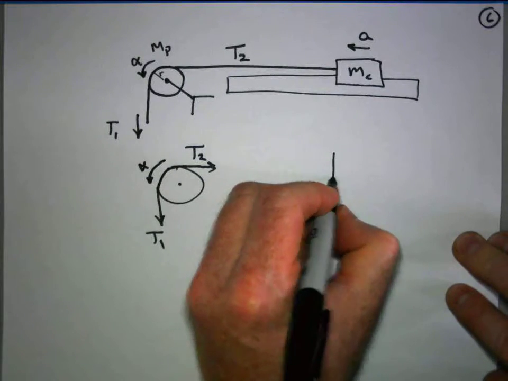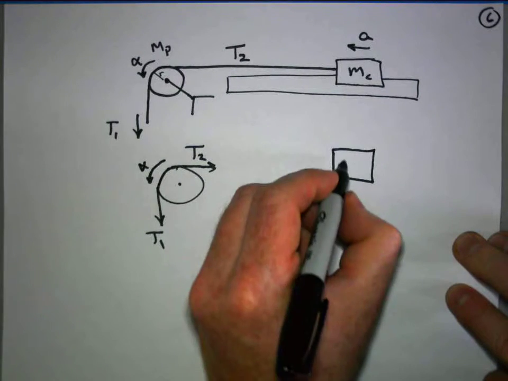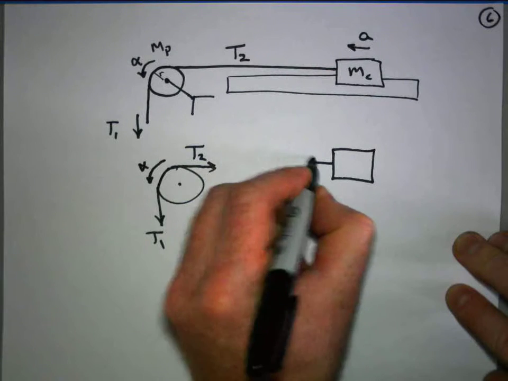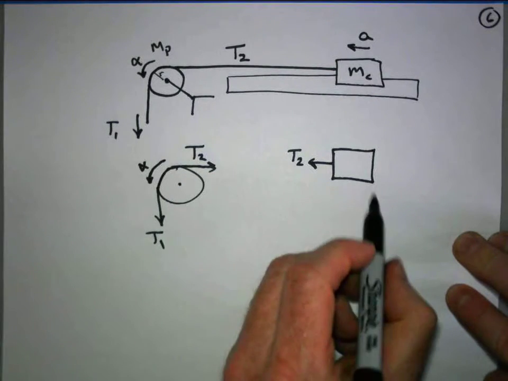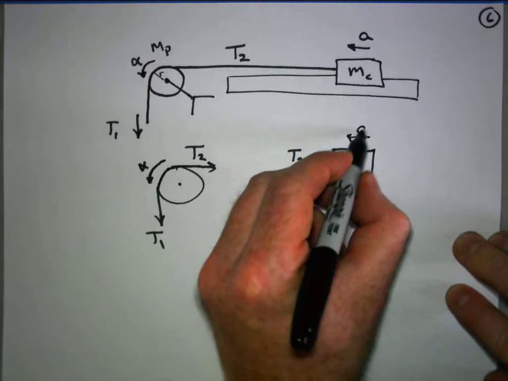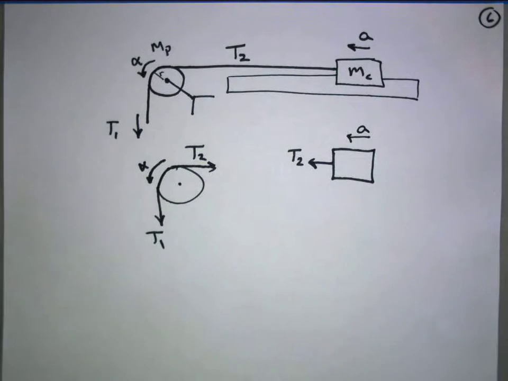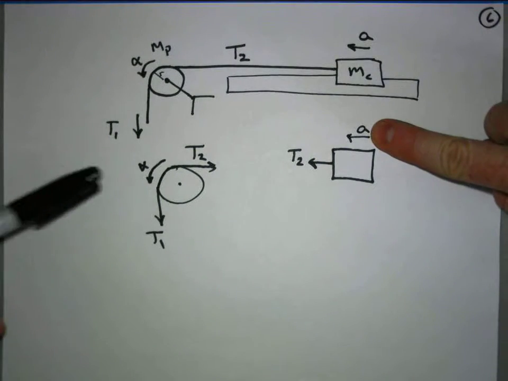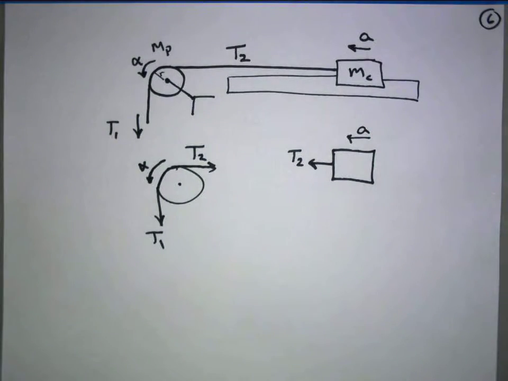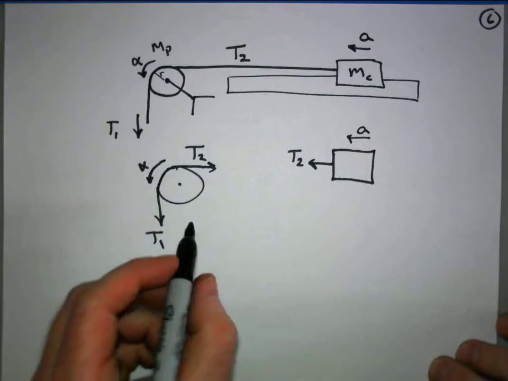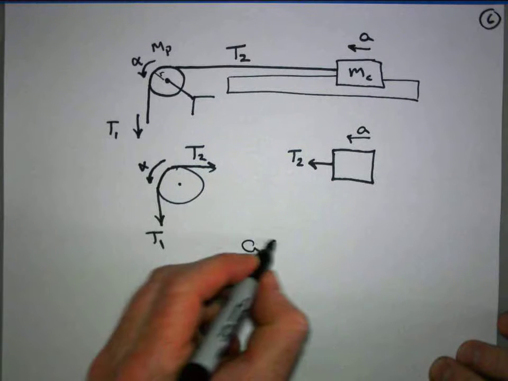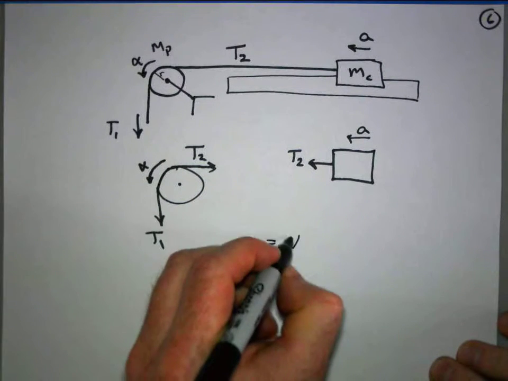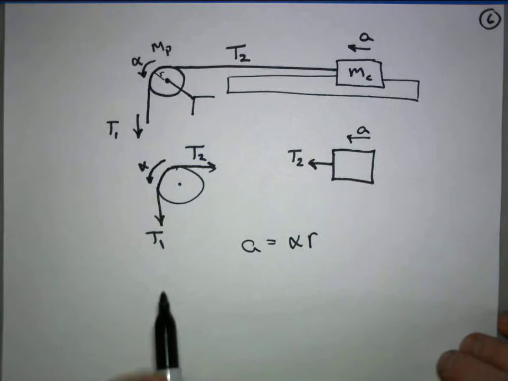The block, dealt with separately, just has T2 acting on it, and it will experience a linear acceleration in that direction. Okay, well, there is a link between linear and rotational or angular accelerations, and we're going to take advantage of that. So there's the link between the two.